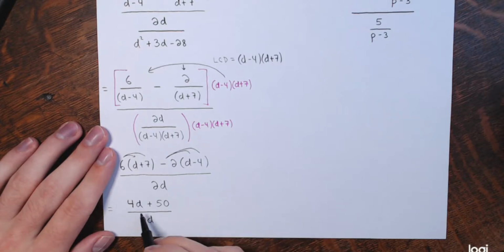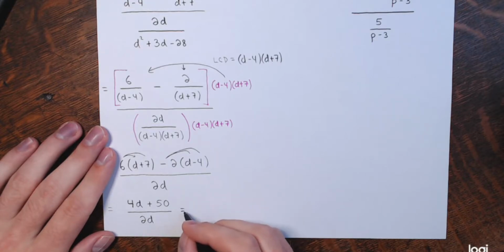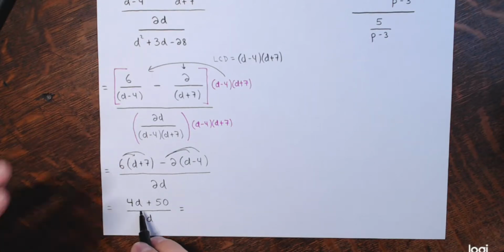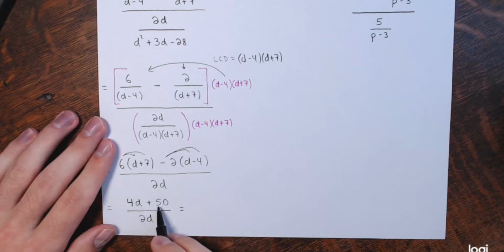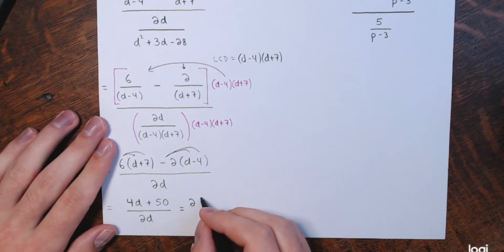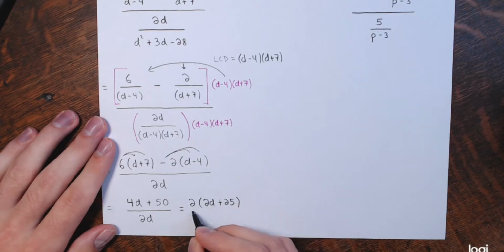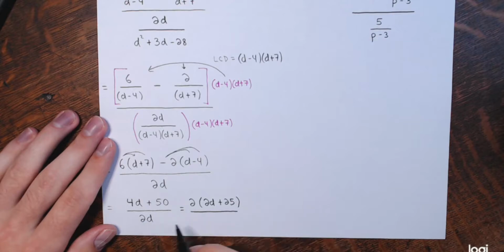But I do see it can be simplified further. There is a common factor in the numerator and denominator. Right, if you factor the numerator, there is a greatest common factor of these two terms of 2, right? I can pull 2 out, and then you'd have 2d plus 25 as the other factor. And then the factors in the denominator are 2 and d.